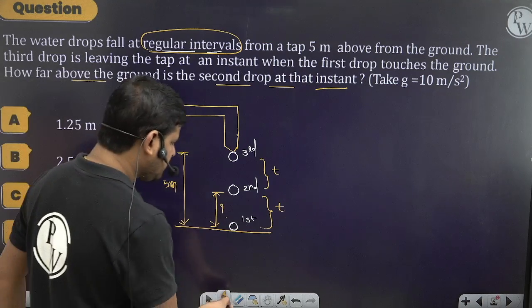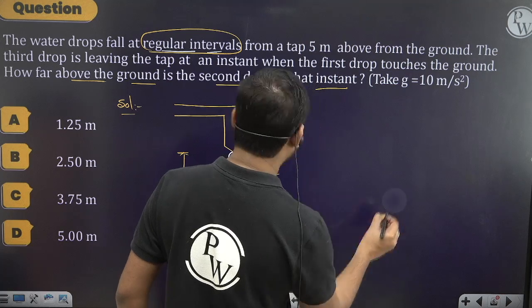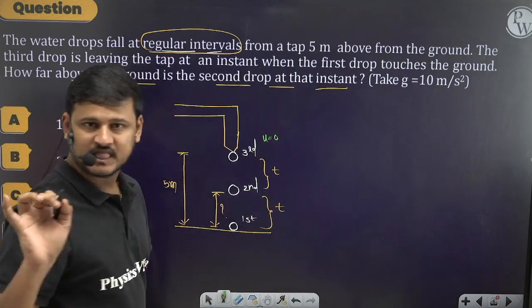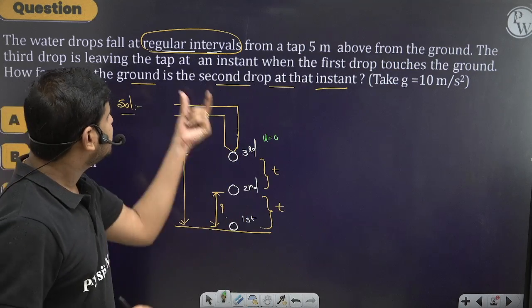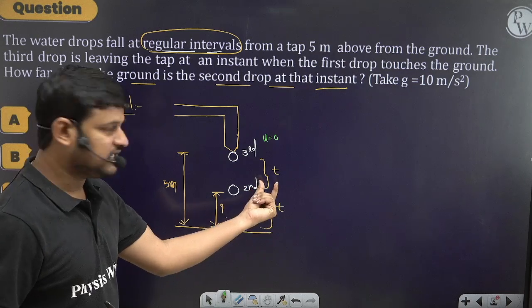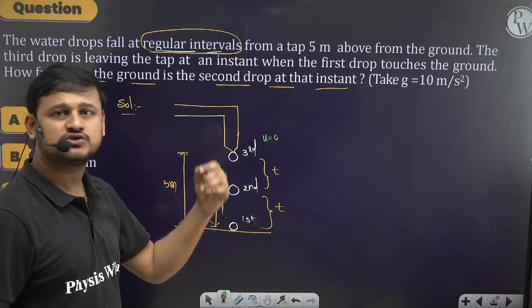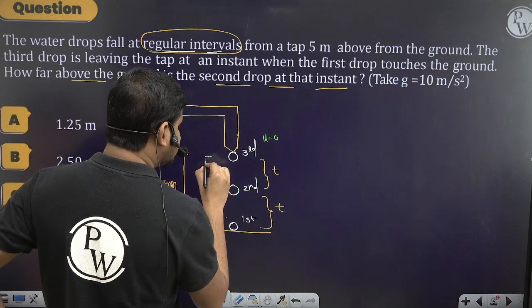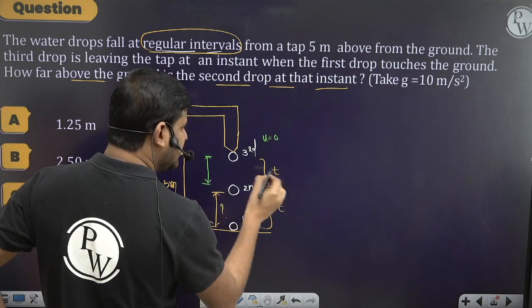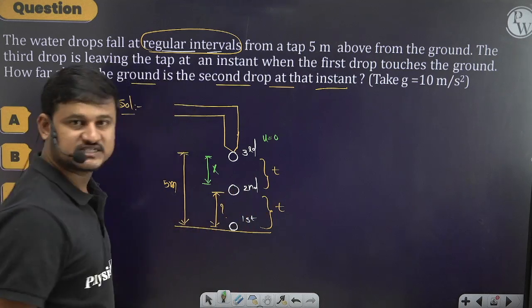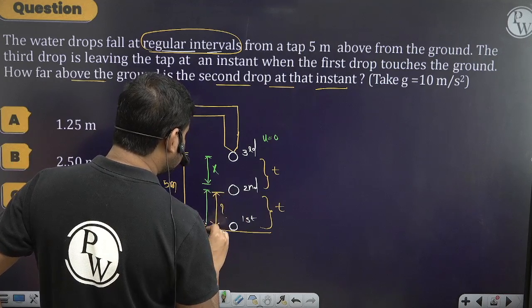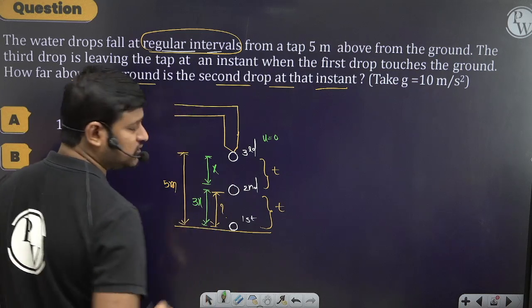So here first thing that you should understand is it's a water drop which is freely falling, and the time interval is same. Here if it is time t, here also it's going to be time t. Yes or no? So now what I am considering is, let's suppose in the first t seconds it covers a distance x. So in the next t seconds it's going to cover 3x, obviously 3 times the first one.